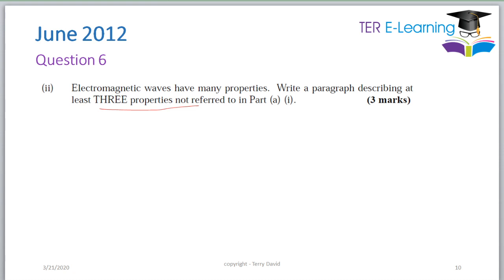I'm going to ask you all to give me some properties of electromagnetic waves, right? So we have several of them, so let me see what you all can come up with.